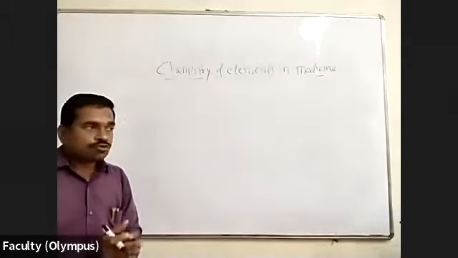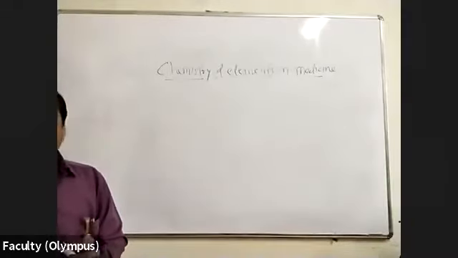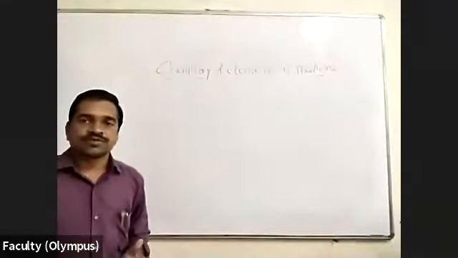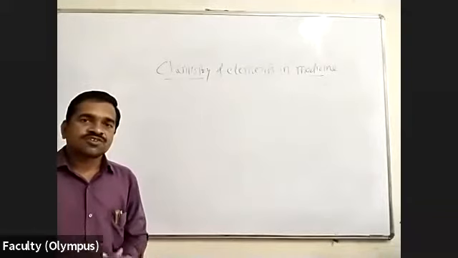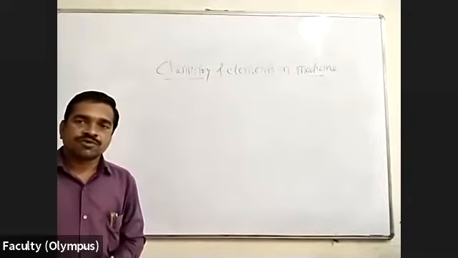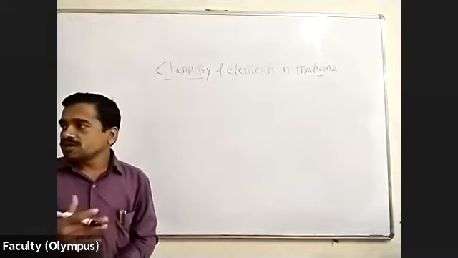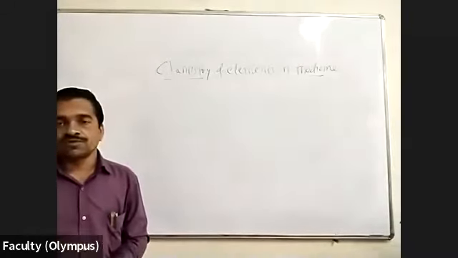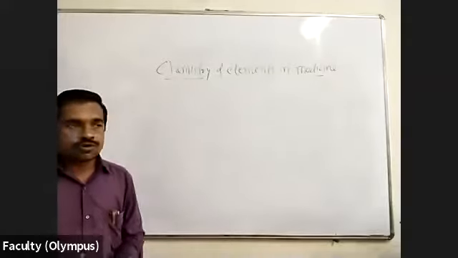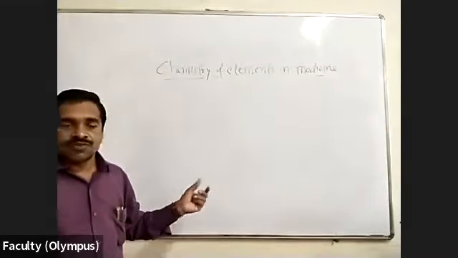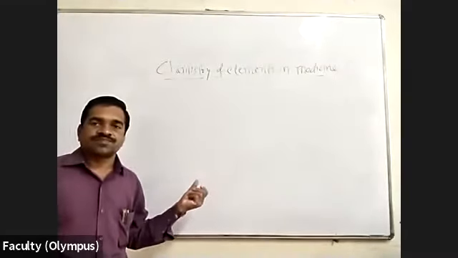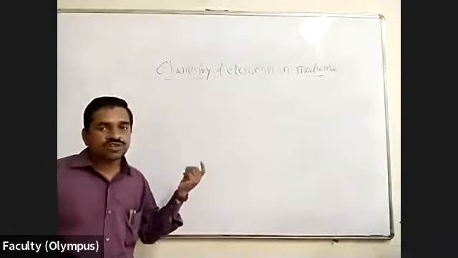Okay. Now those elements have a fixed concentration in the living system. So the less concentration is also harmful, that causes deficiency, and the higher concentration is also harmful. Okay. So to regulate these, we need some treatments. Okay. That we have to see now.